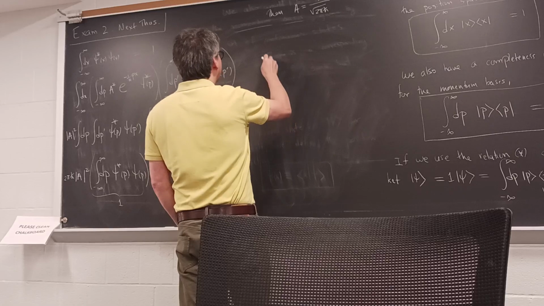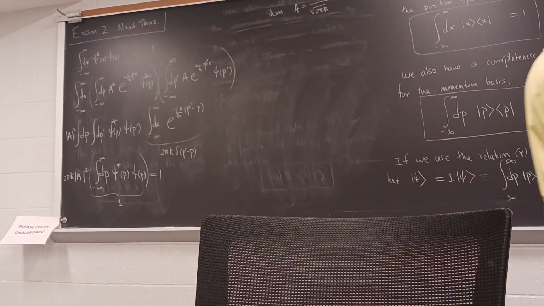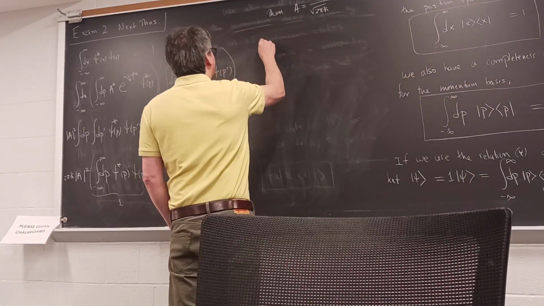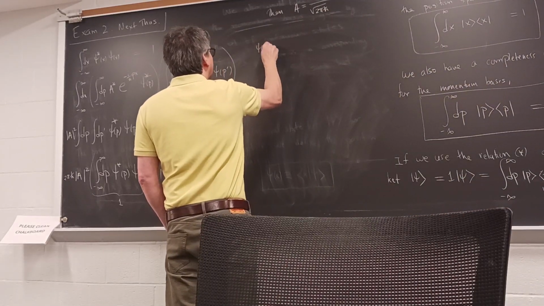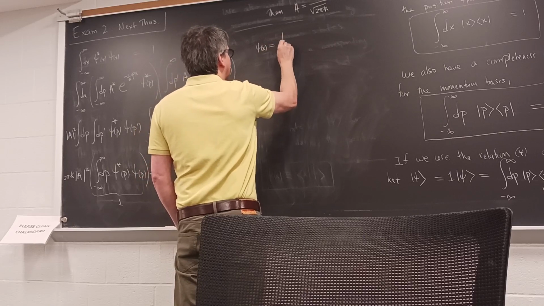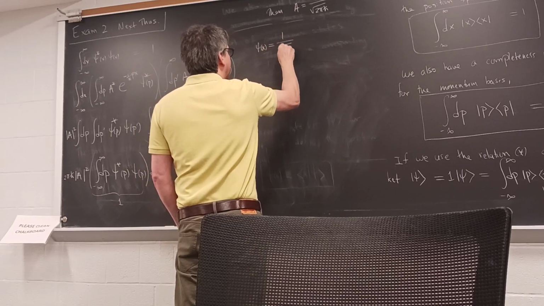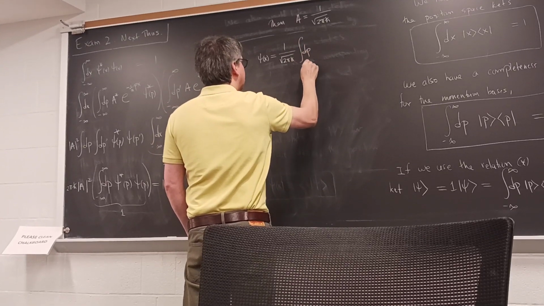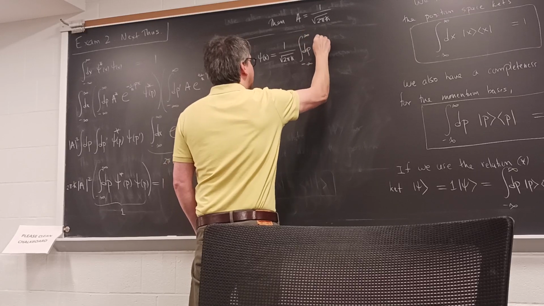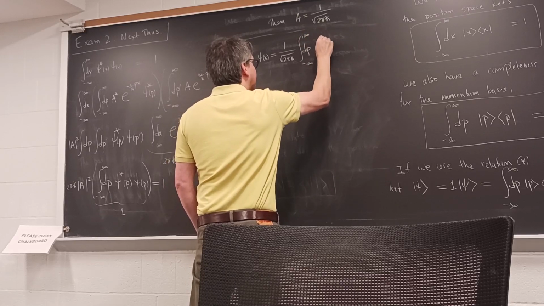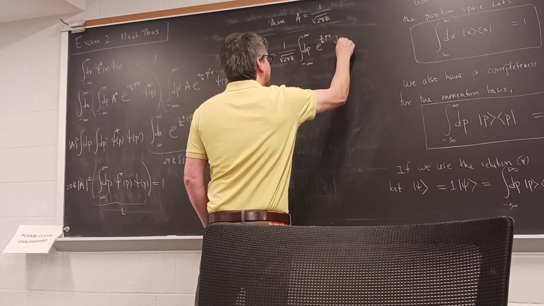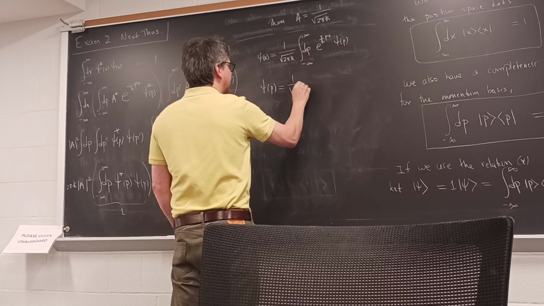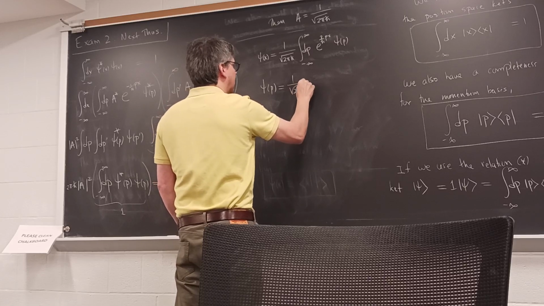Okay, so then if we go back to our equation double star here, we have psi of x is 1 over the square root of 2 pi h bar, integral over dp e to the i over h bar px psi of p, and psi of p is just the inverse.